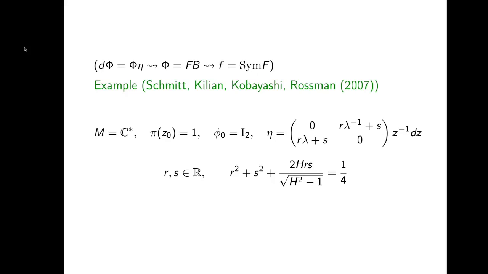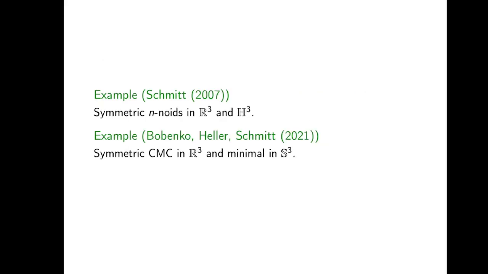The DPW method has been used a lot to construct new examples of CMC surfaces in the 3 different space forms, R3, H3, and S3. Because it involves holomorphic data, it is quite rigid, and you can really have control on the resulting surface if your input data is not too complicated.